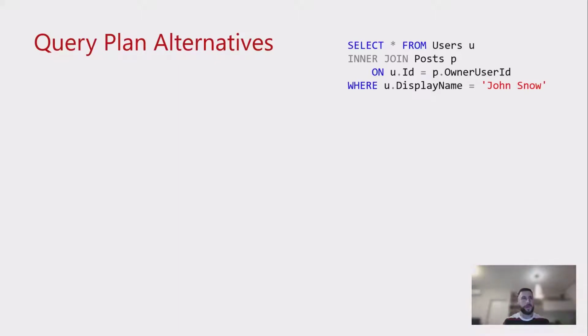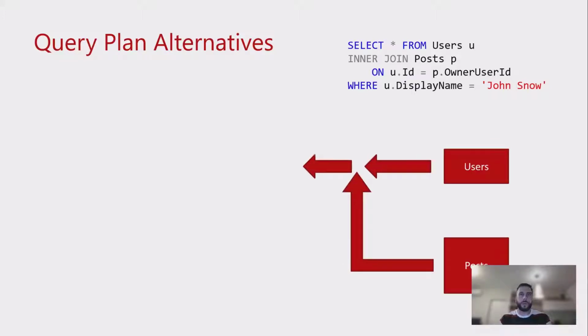Let's talk a bit more about query plan alternatives. So, let's say we are executing this query on the Stack Overflow database, and this query is getting data about users and their posts for a user named Jon Snow. I'm trying to simplify this approach, but we have two tables, users and posts.